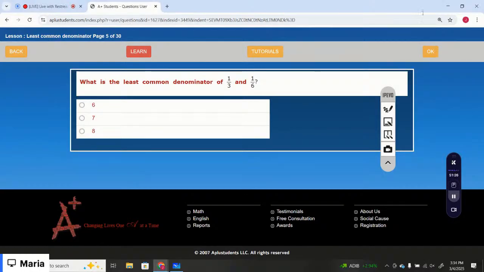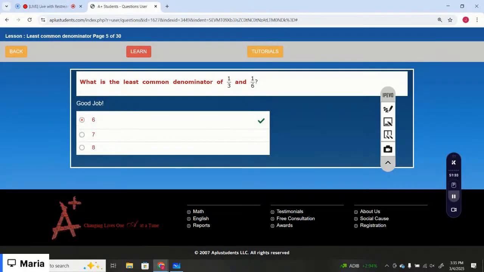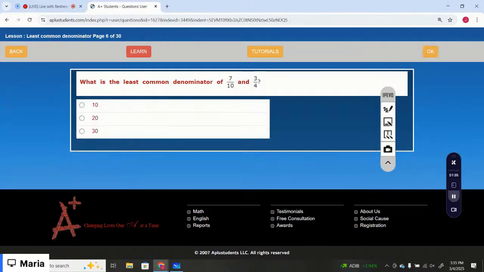That would be 6. Option number 1 is the correct option. What is the least common denominator of 7 over 10 and 3 over 4, which is the correct option?